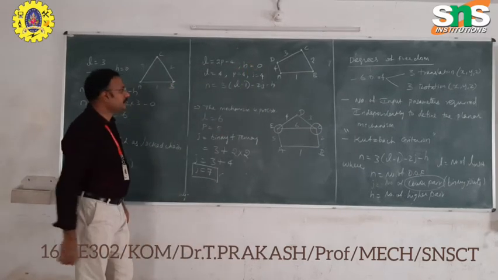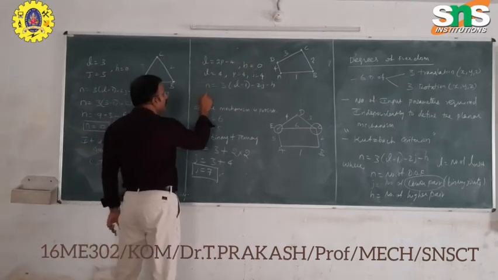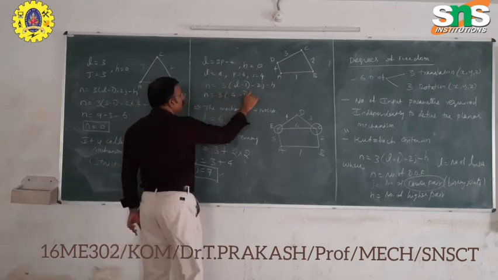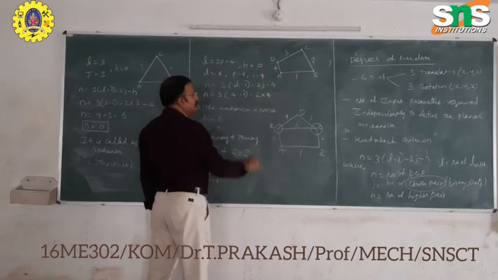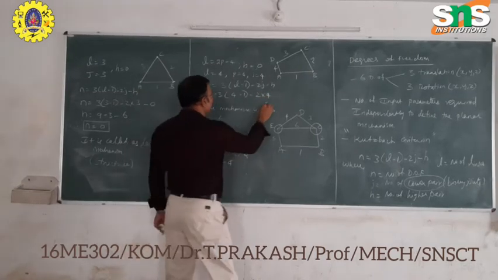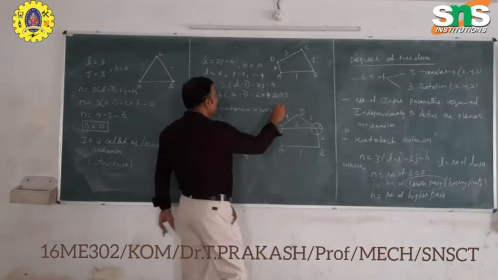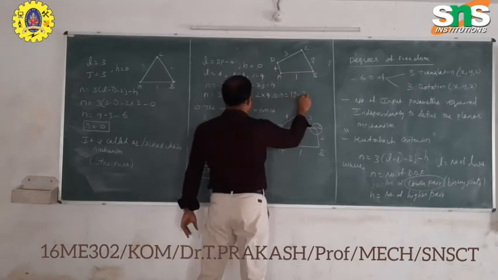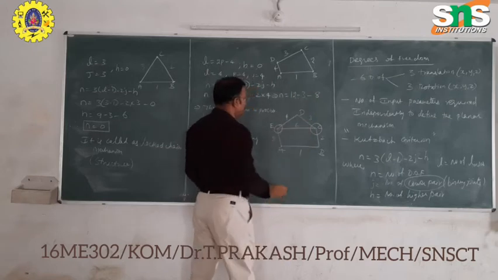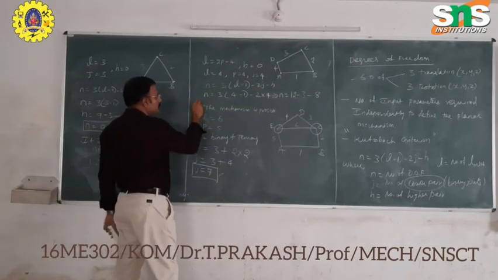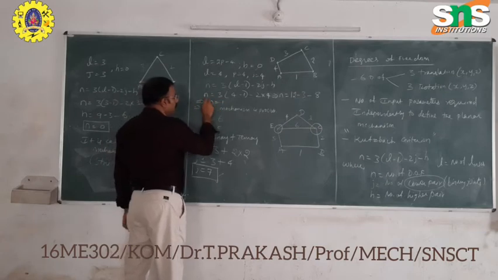So n equal to 3 into (4 minus 1) minus 2 into the number of joints. You substitute and find the value: n equal to 12 minus 3 minus 8. How much? n equal to 1.